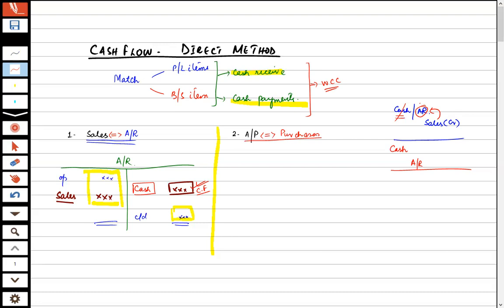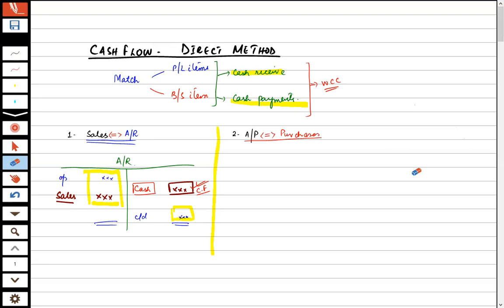Since we are purchasing on credit and we have to pay later, now we will see how much amount has been paid on the accounts payable, or how much has been paid on the purchases. And the main purchases of the working capital or current assets are for inventories. So there will always be involvement of inventories as well.